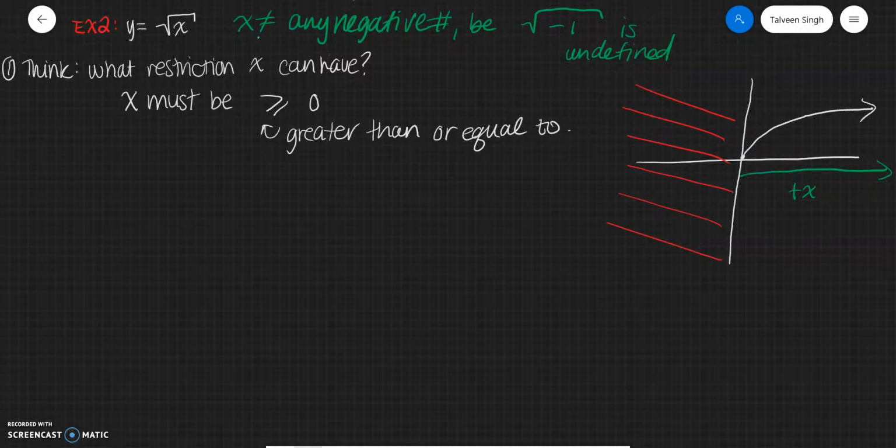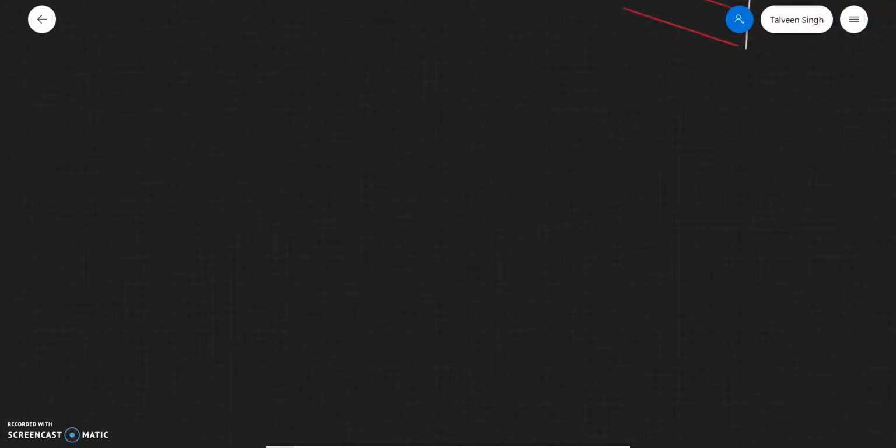And so my domain is going to be domain x such that x is greater than or equal to 0. x is still an element of any real numbers, just has that one restriction on it. Right? Does that make sense to everyone? Hopefully it does. All right, so moving on.